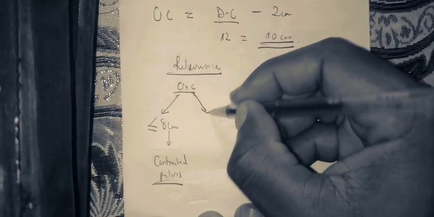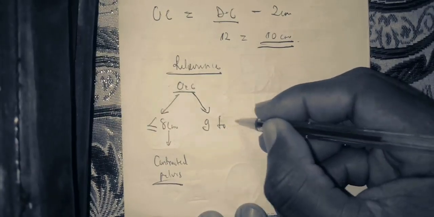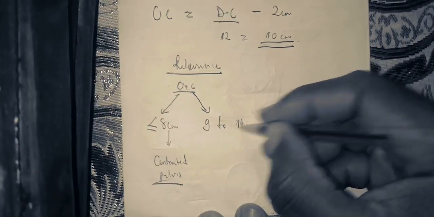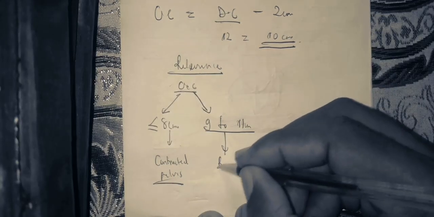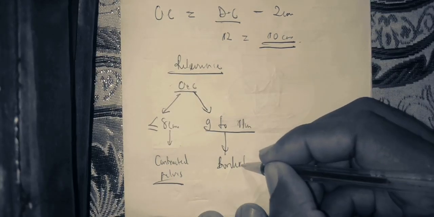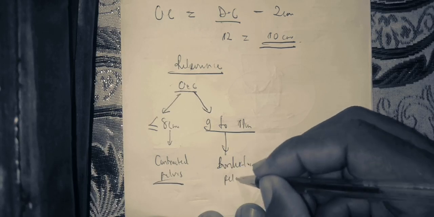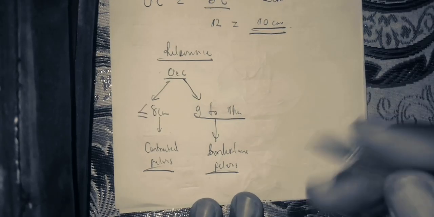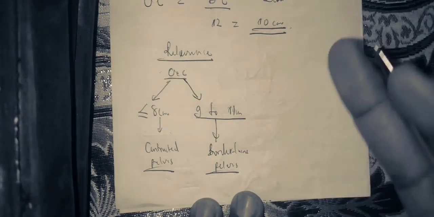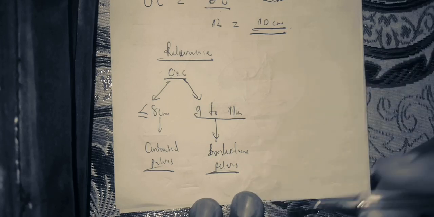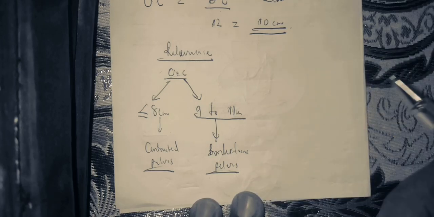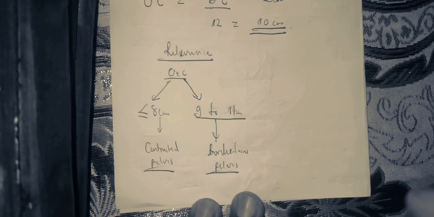Is it clear? Now, if your obstetric conjugate is between 9 and 11 centimeters, you have what is called a borderline pelvis. Is it clear? In the case of a borderline pelvis, there can be passage provided that the child is microsomic. The child is small. Is it clear?